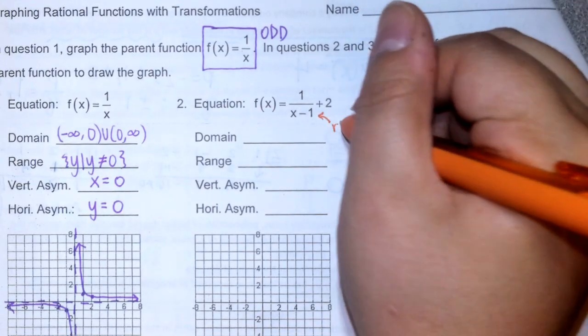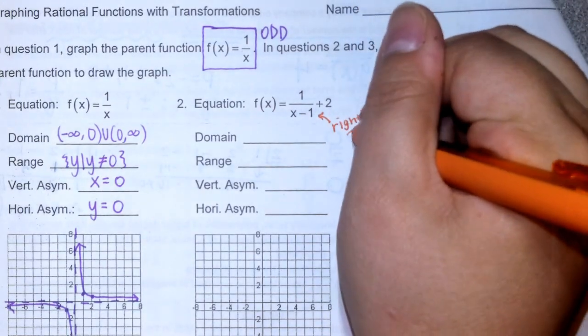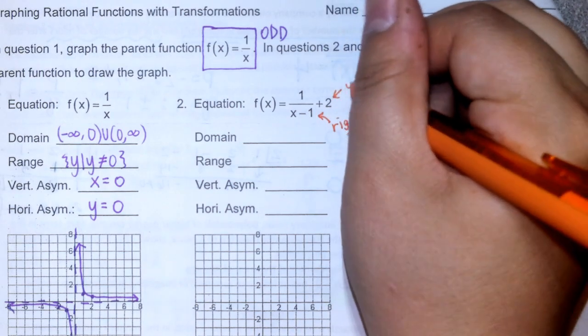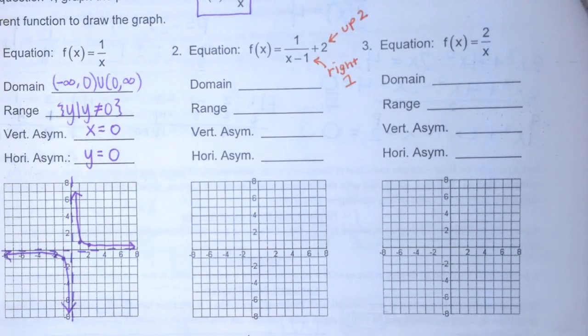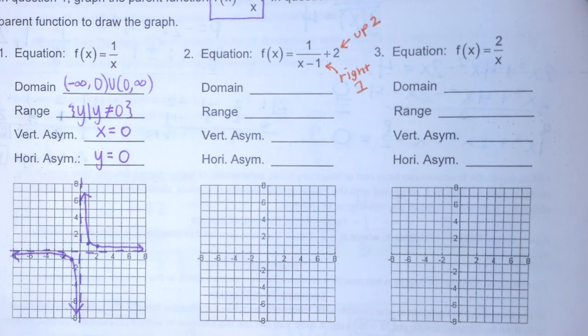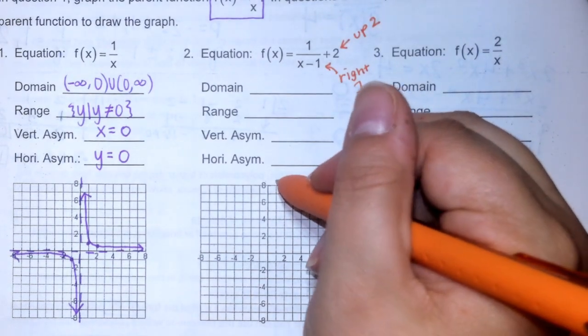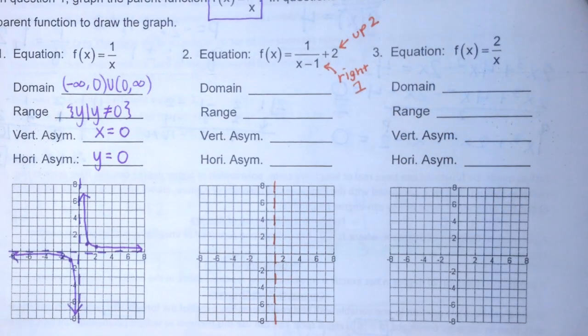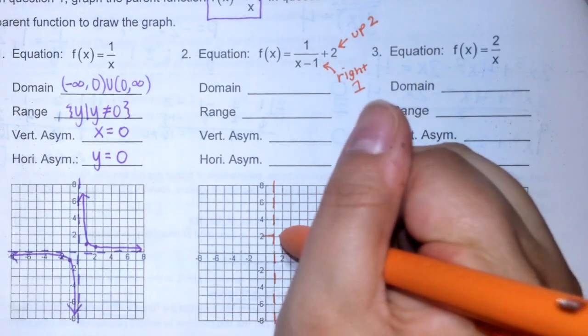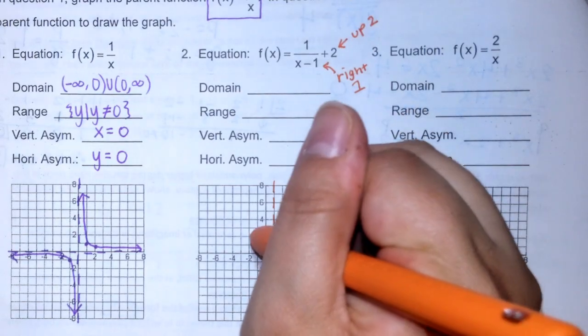I'm going to go right 1. And I'm going to do what? Go up 2. And how is that going to change this graph? Change my asymptote. My vertical asymptote is going to go right 1. My horizontal asymptote up 2.